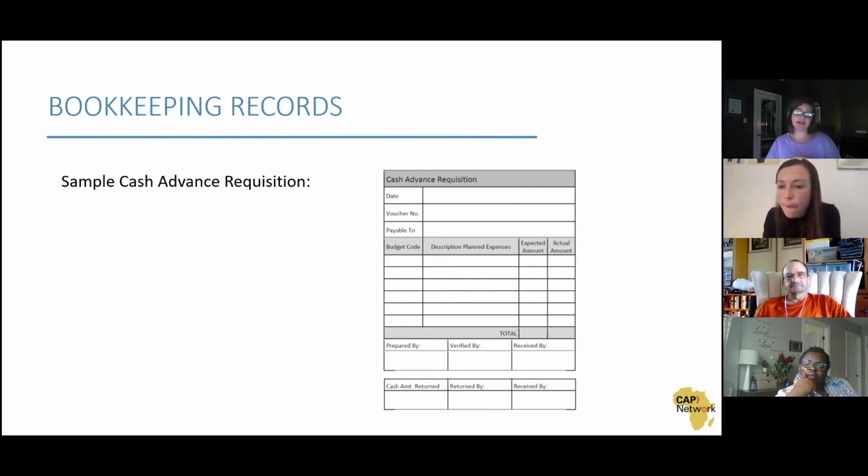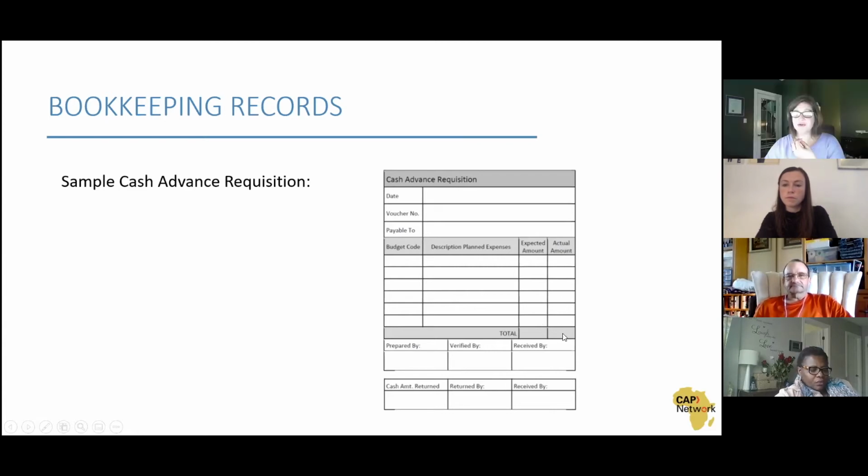Once those expenses have been incurred, this form would be completed with the actual amount spent on each of those anticipated items. So if you had a description of planned expenses for transportation, you expected to spend 100, you actually spent 80. So you would put 80 in the actual amount, okay? And this then would have a total at the bottom. If these totals don't match, right, then there should be an amount of cash that is returned.